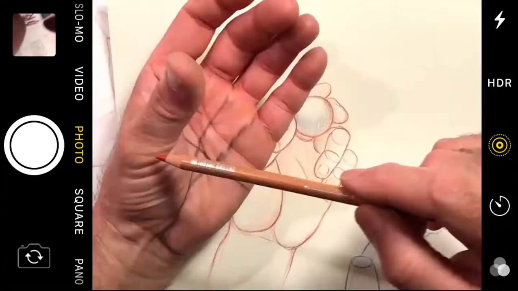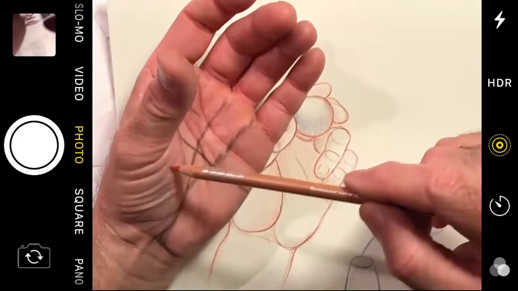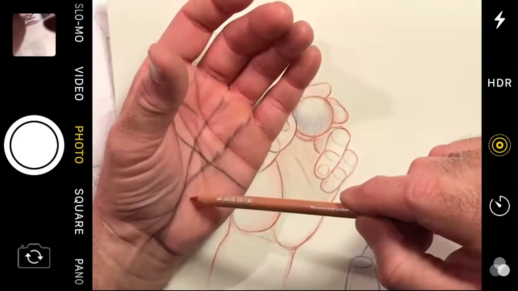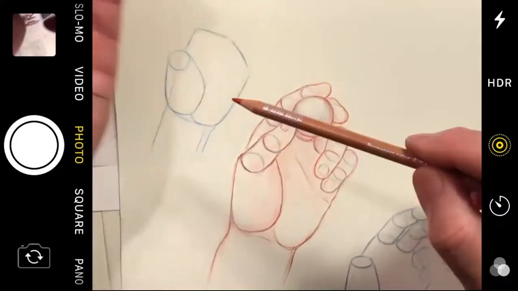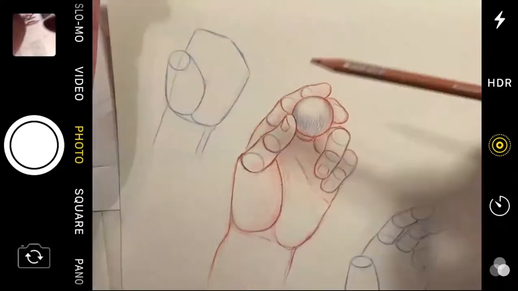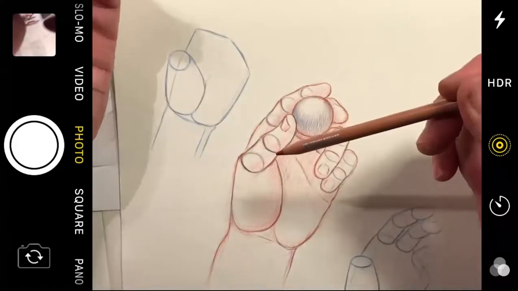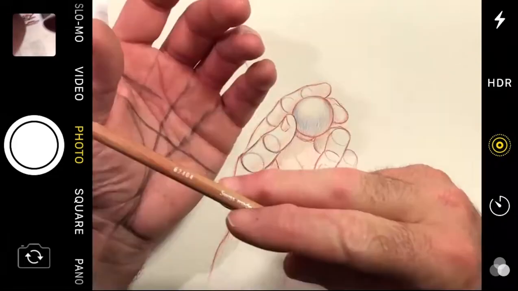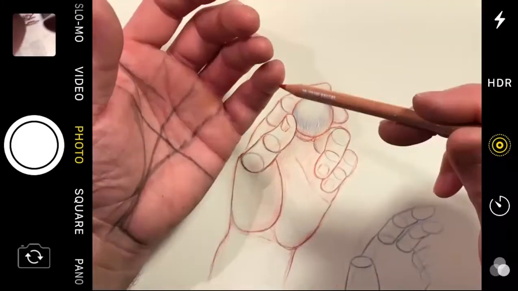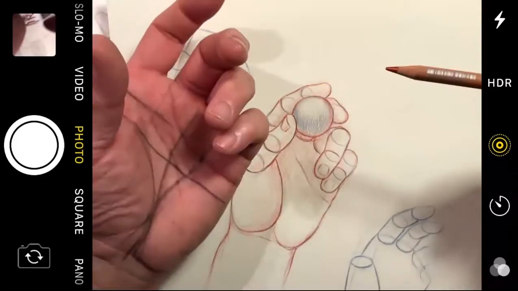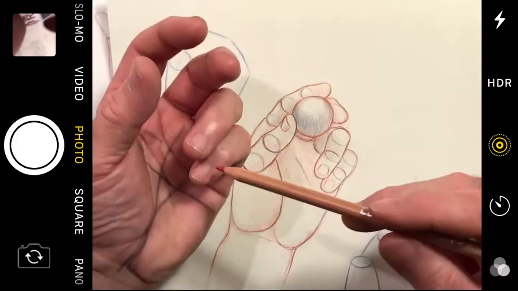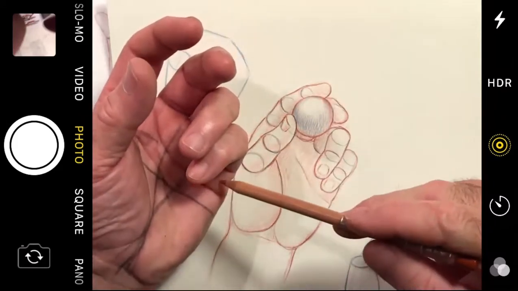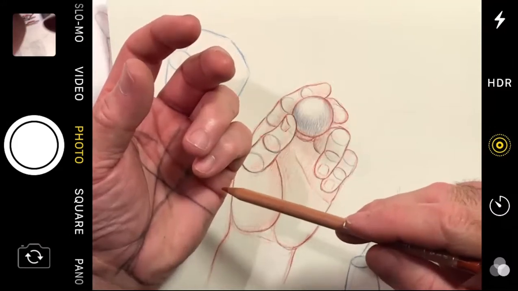I look at this not just following the outline, but imagining the volume. And then I start attaching the fingers to it. What is this finger, what is that finger? How do they bend? When I bend my fingers like this, I see how low this is in relation to the palm of the hand.